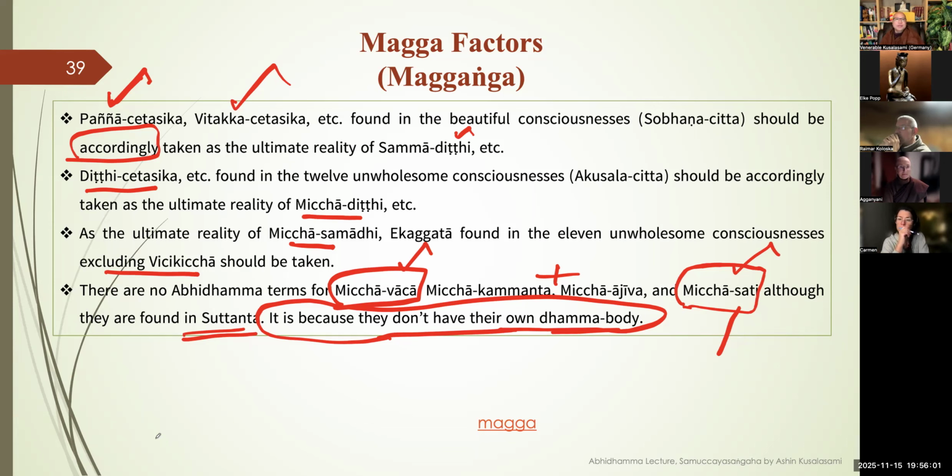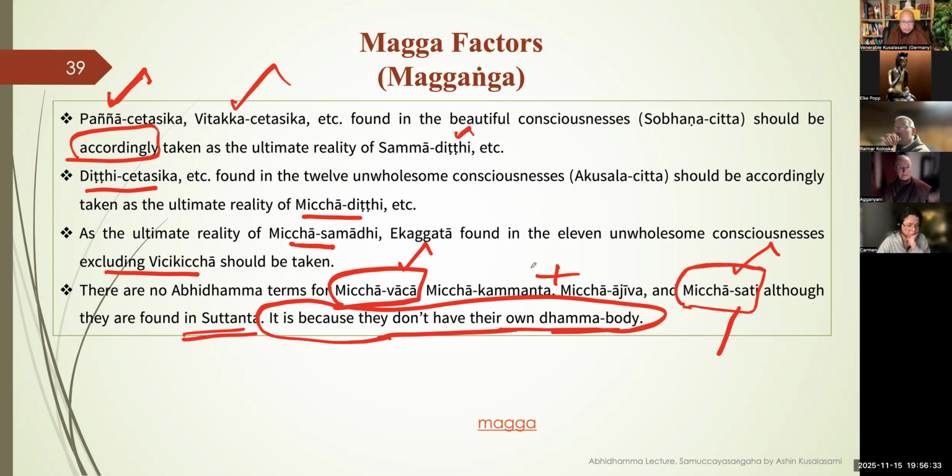Mahayana Abhidhamma too is deep and profound, but they have their framework. That's why I think this is a framework. If we put Mecha Vaja, Mecha Kamada, Mecha Ajiwa in the Magga or in the Abhidhamma, that will not be aligned with ultimate reality.